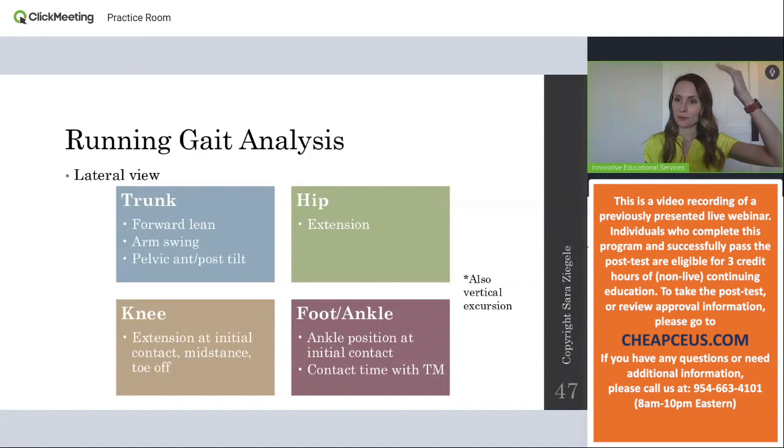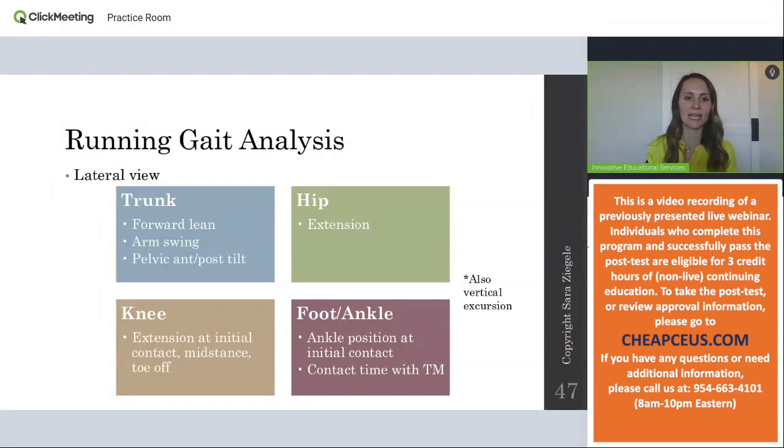So either go from top to bottom, go from the bottom to the top, choose a joint region and kind of work out from there, but have a way that you systematically approach how you do gait analysis so that you can reproduce it across times with the same patient or across different runners. So in my practice, I've opted to kind of stick with the top to bottom. So I start with the trunk and then I work my way down.